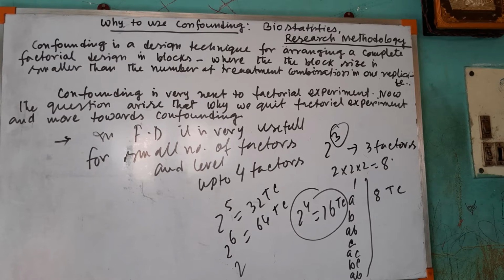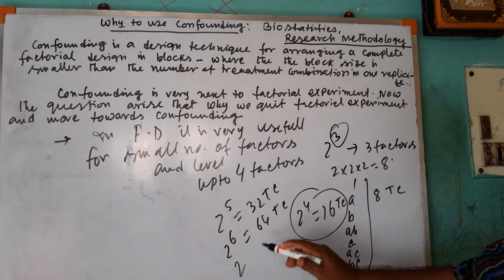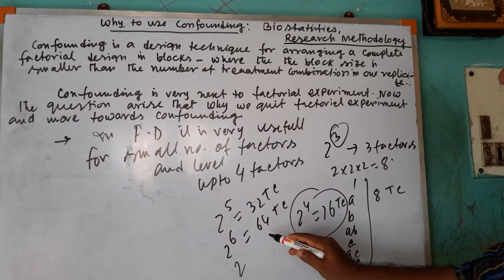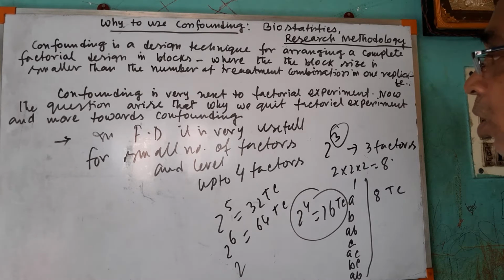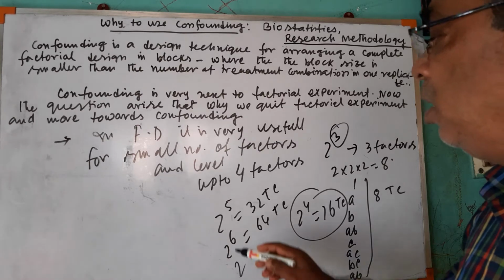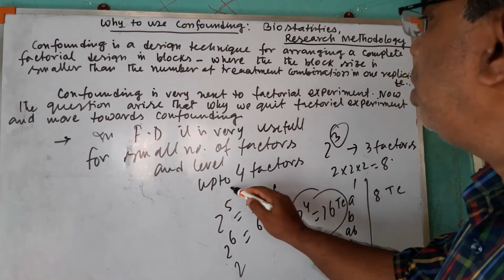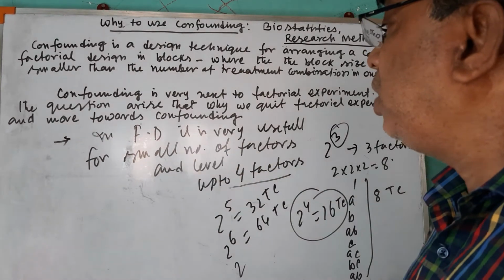For a large number of treatment combinations, as factors increase, treatment combinations also increase rapidly. Experimental cost will also increase, and more experimental material is needed. That is why we go for confounding. Up to 4 factors we use factorial design.